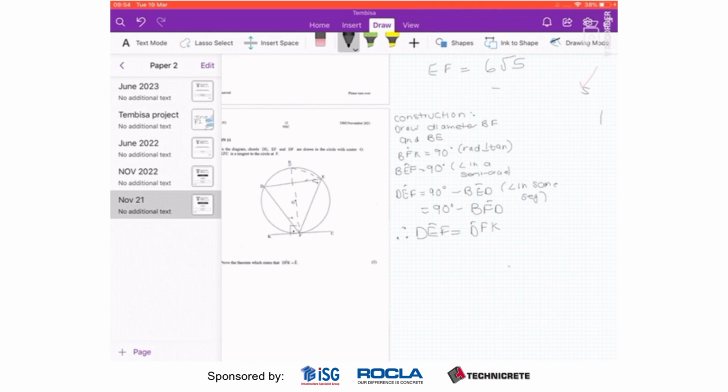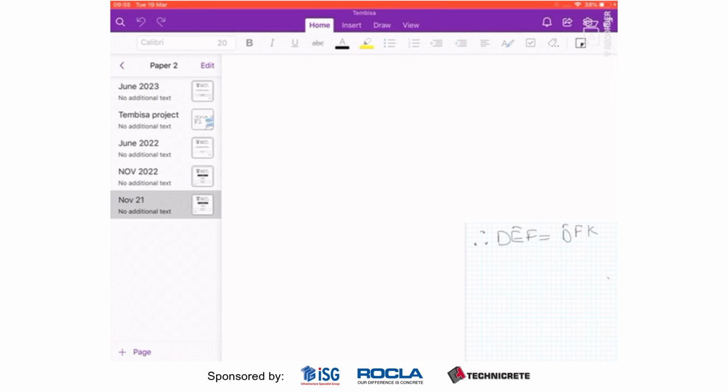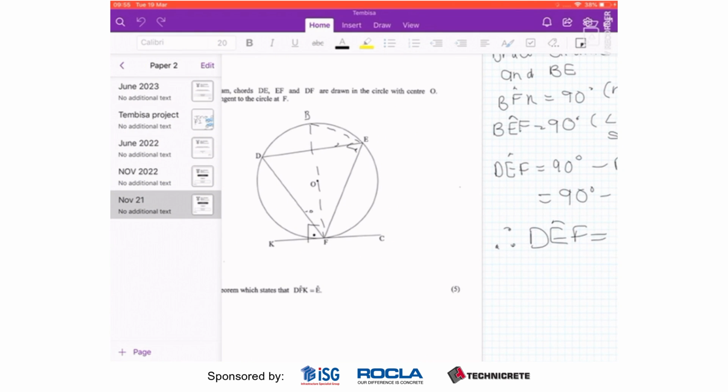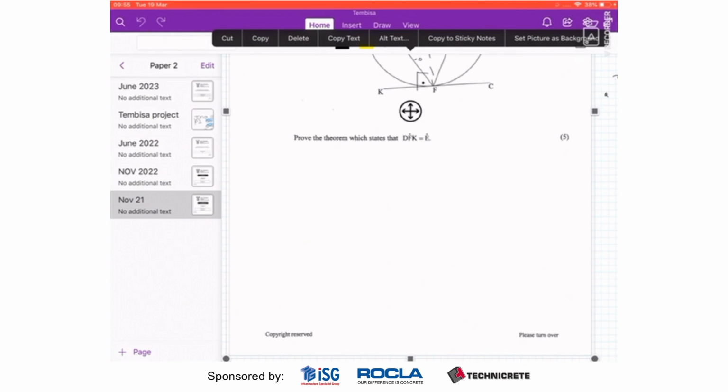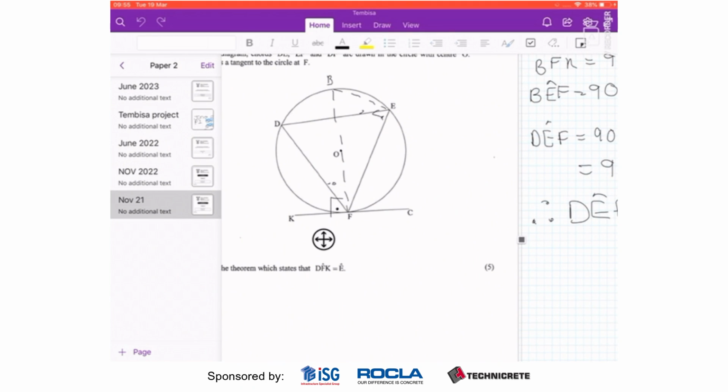But I know that BED is also equal to BFD because of angles in the same segment, which I showed. That helps me prove in the final statement that 90 minus BED, which is also 90 minus BFD, makes them equal because they're both 90 minus the same angle.